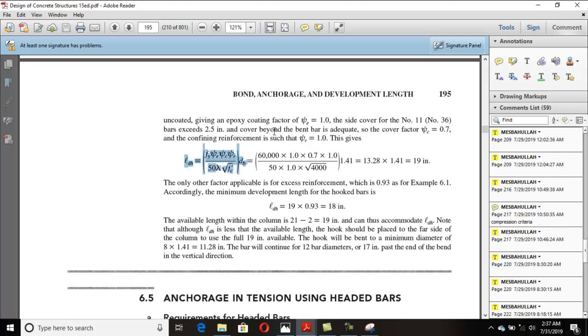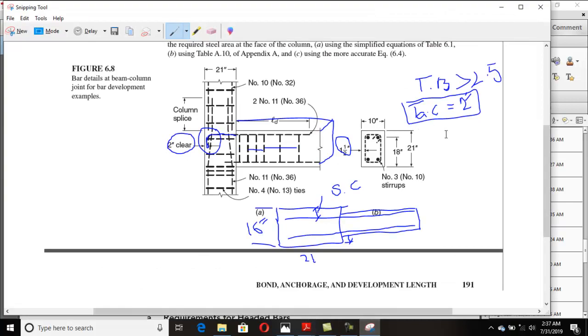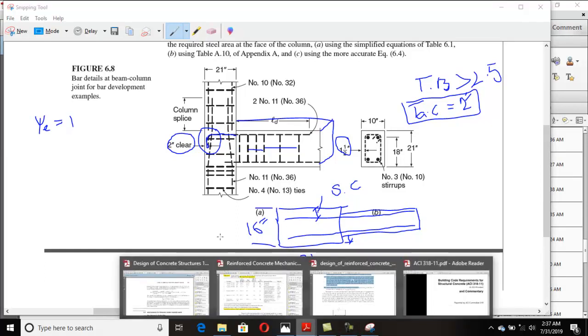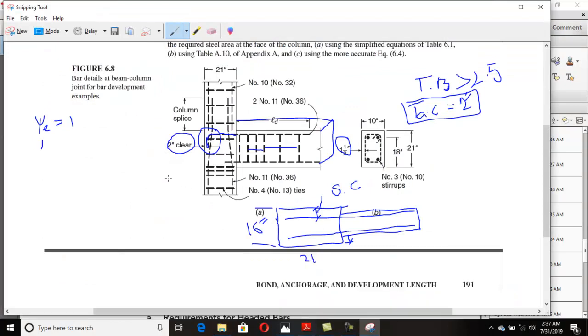Now you have to select the epoxy coating factor. As there is nothing said about coating, your psi E will be 1. Then what will be your psi C factor, and what will be your psi E factor? So you need to calculate your side cover right now.